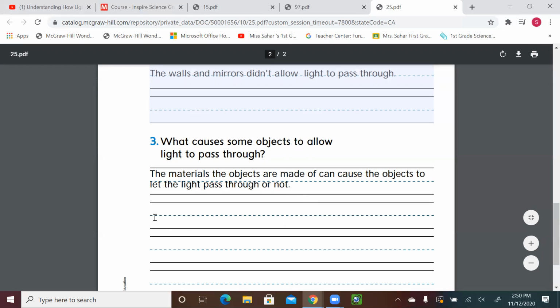And then we can also add, like we covered this, transparent materials let all light pass through.